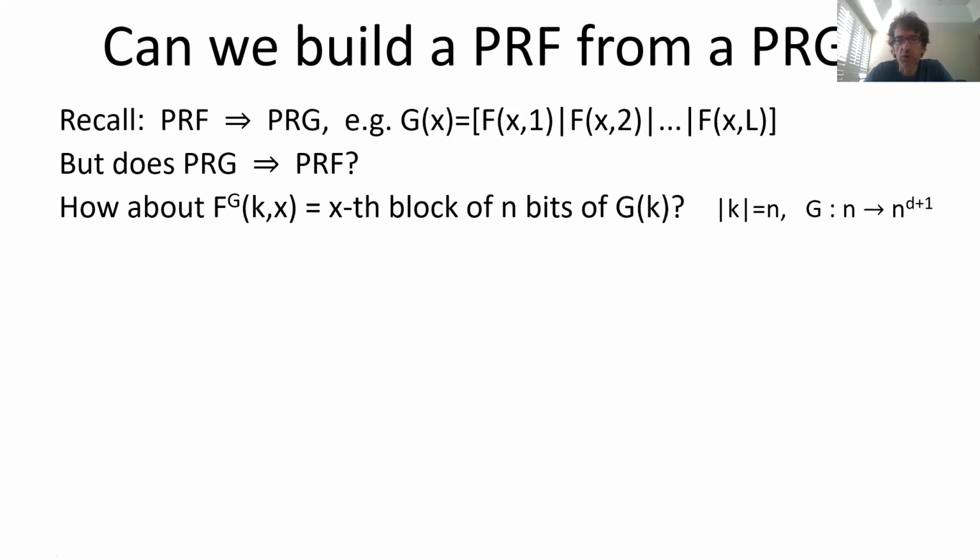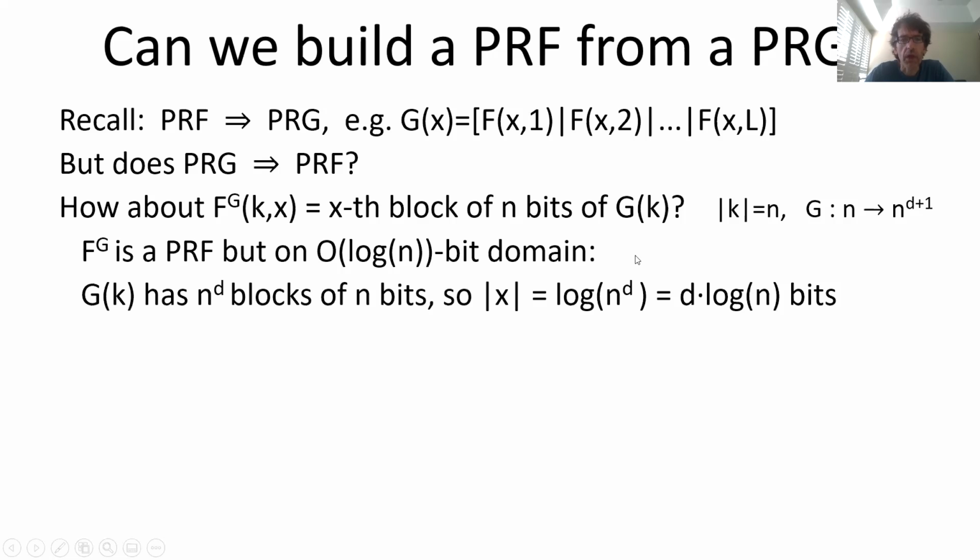So if your input has 128 bits, then the output will be 2 to the 128 to the power of 7, which is 2 to the 56. It's a huge number.